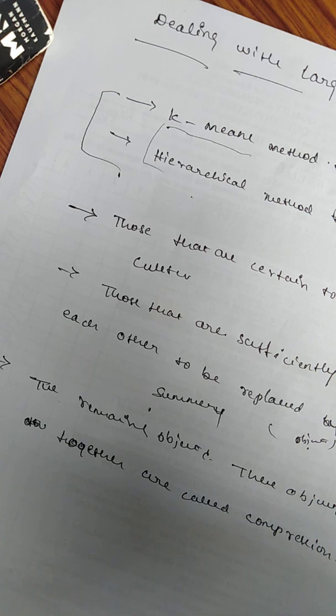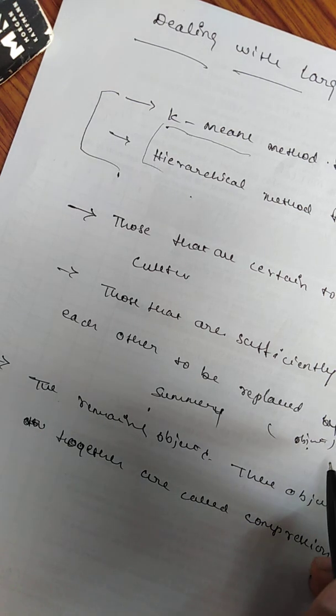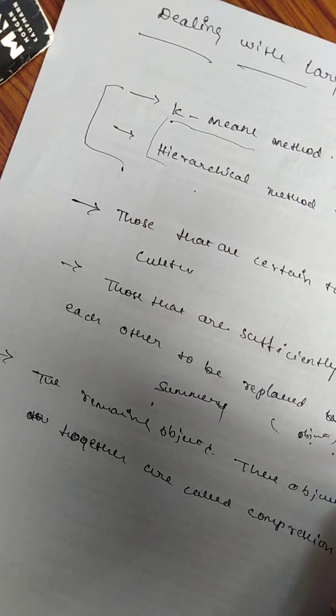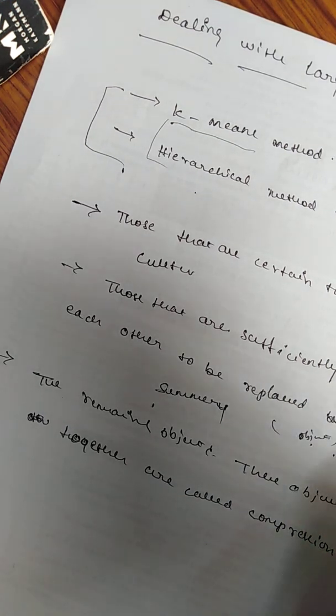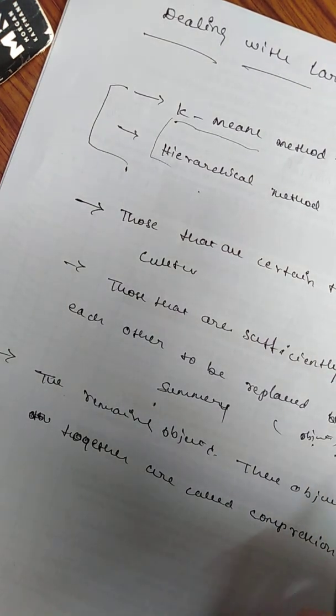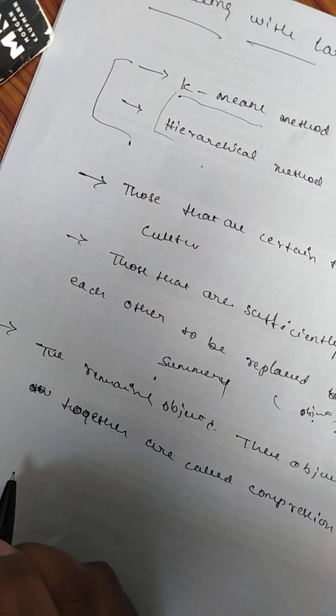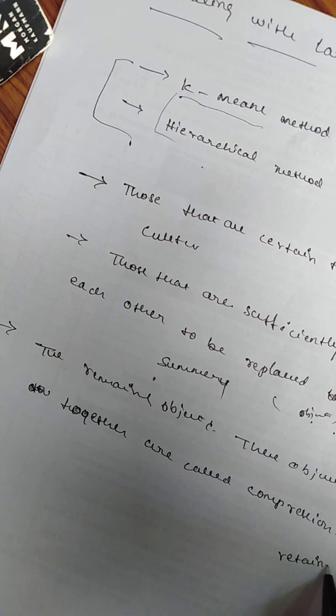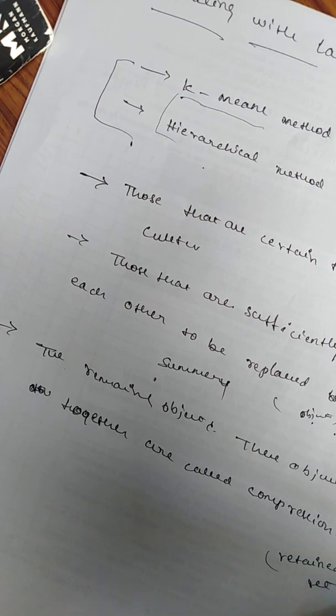We can't erase them. The objects together we call a compression set, meaning we compress the data. This second one we make in a compression. And the last one we call the retained set.